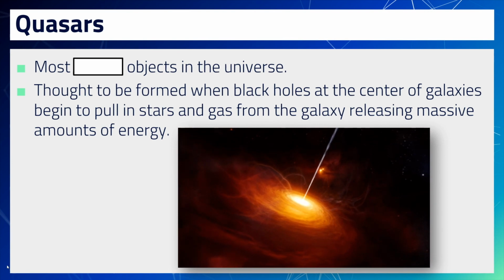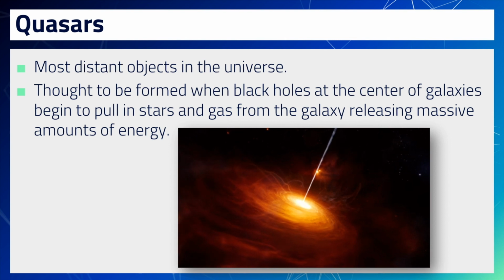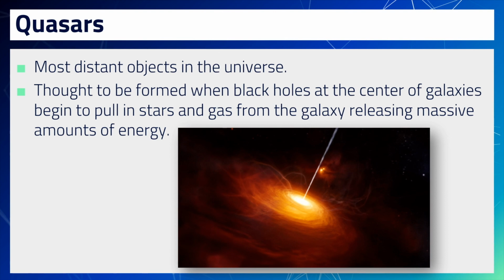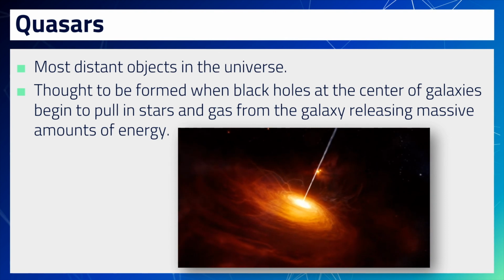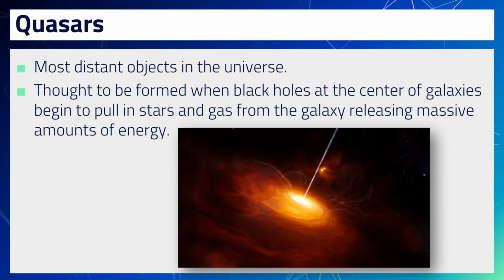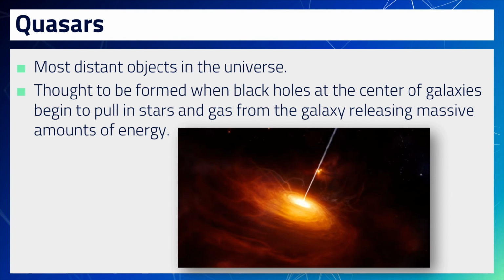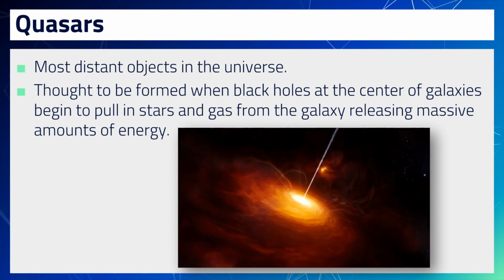The final thing out there in space is something called a quasar. Quasars, as we understand them, are the most distant objects in the universe. We think that quasars are formed when you've got a black hole at the very center of a galaxy, and instead of having all those stars and all that gas and dust orbiting this black hole properly and having a stable galaxy, it starts to pull in the stuff that's orbiting it.